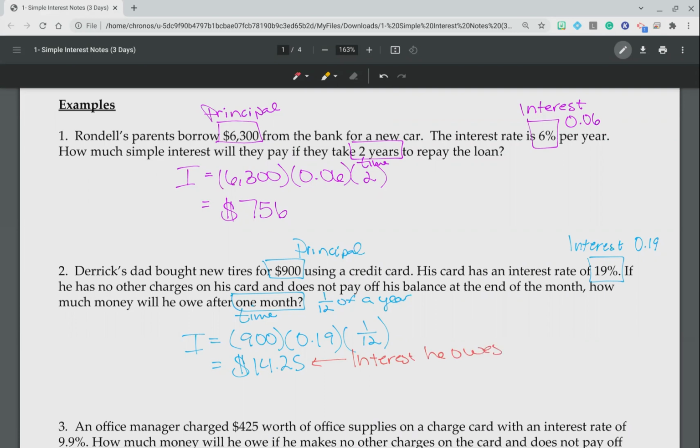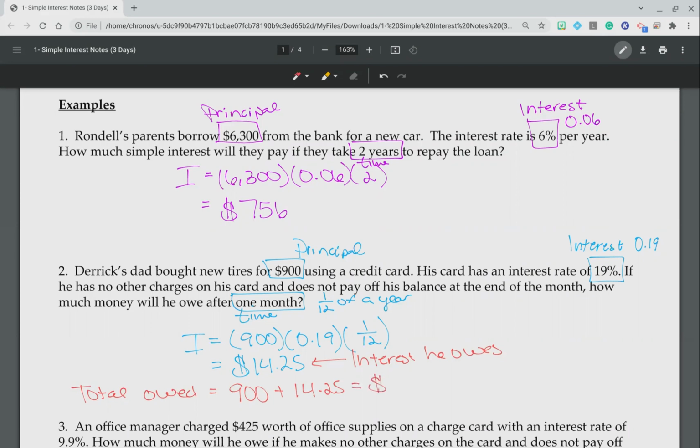But in order to find the total amount that he owes, he has to take the $900 that he borrowed and add the interest that he is being charged for borrowing the money.